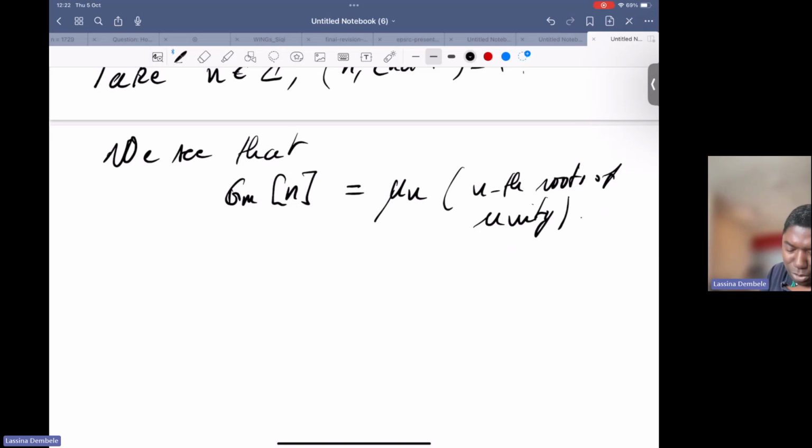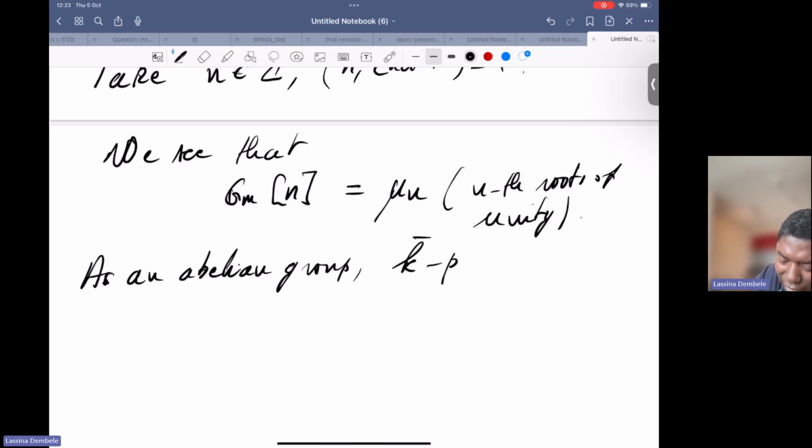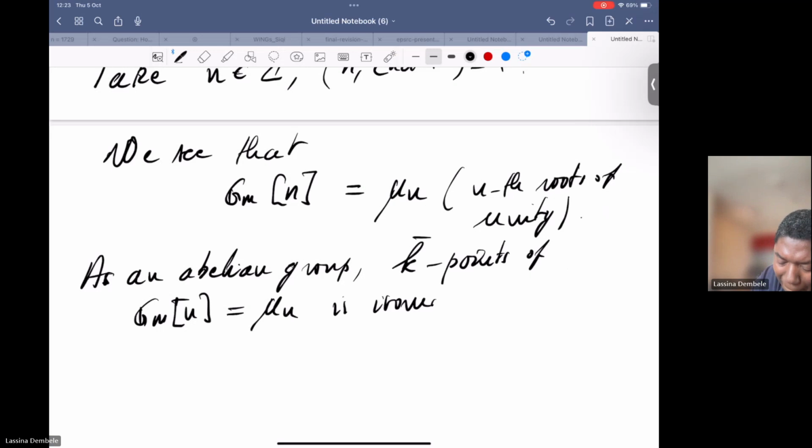As an abelian group, if we take the K-bar points, which we said is mu n, this is isomorphic to Z mod nZ.